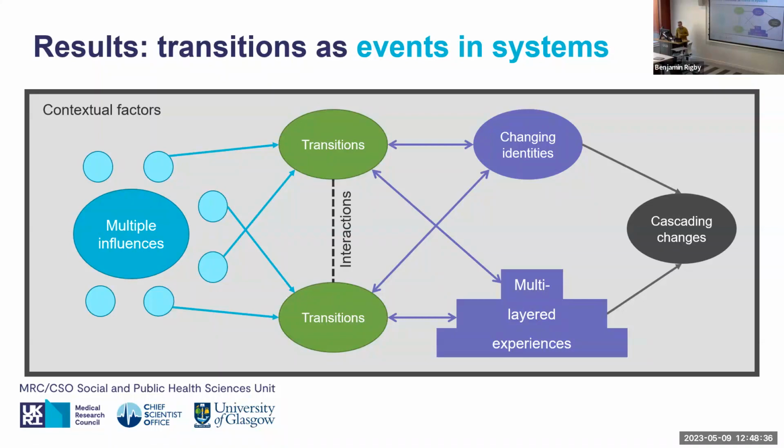For example, we might move house when we retire, or we might be retiring whilst our loved ones or spouses or partners are starting to care for their elderly parents and things like that. And so people have multi-layered experiences and have changes in their identities at these points in time, and we think there are likely feedback loops there, in how people experience transitions that contribute to this ongoing experience.